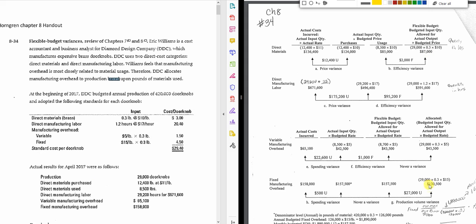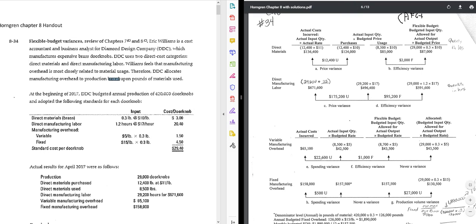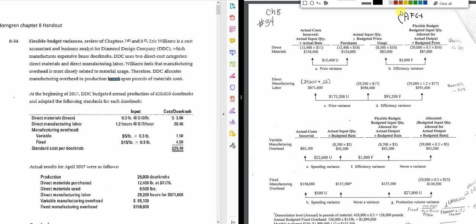Remember, all this column is basically, you have a parenthesis where you have actual finished goods times the standard input each and times the rate per unit.